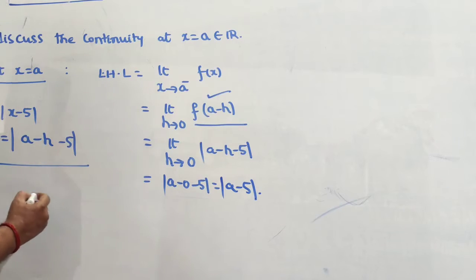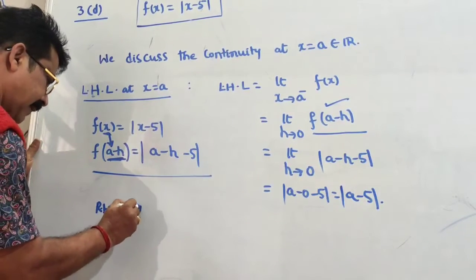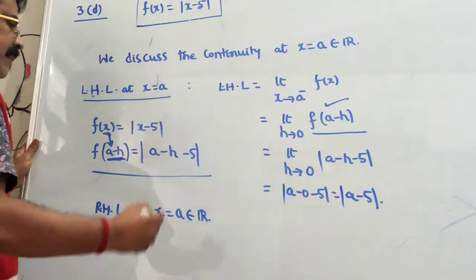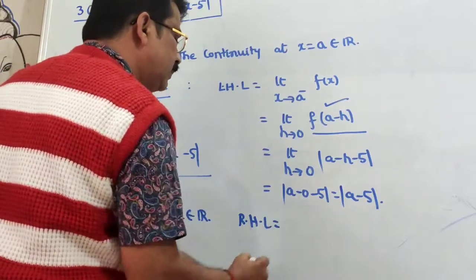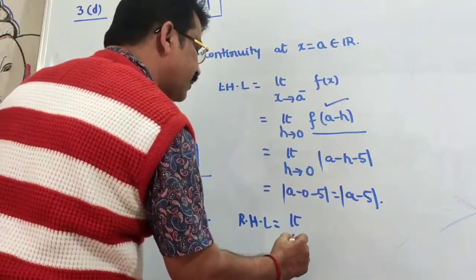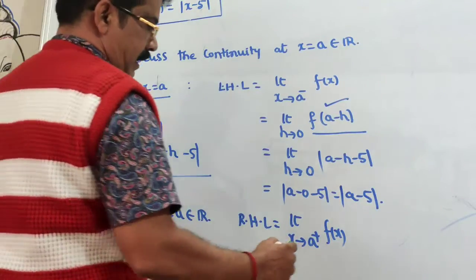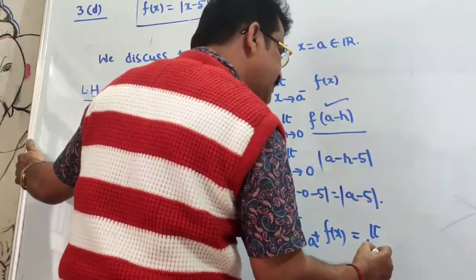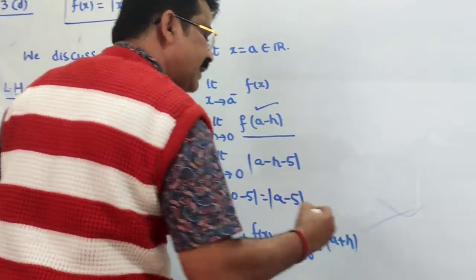Next, right hand limit at x equal to a, a real number. The notation is limit x tends to a plus f of x. The formula is limit h tends to 0, f of a plus h.